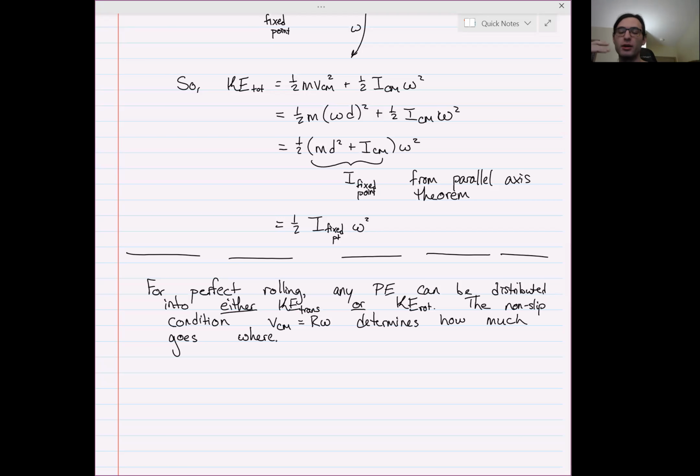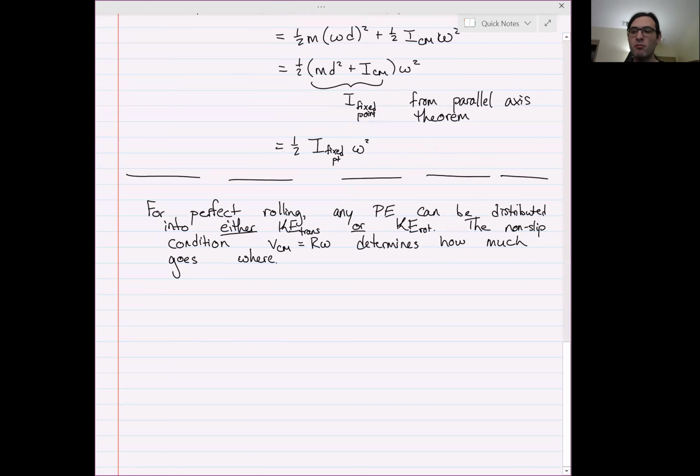So the fact that the translational speed of our rolling object is related to the angular speed tells us the final relationship between angular speed and translational speed, and how those speeds, in the form of their associated energies, are distributed from the potential energy that the object may have initially had. Put into words, the bigger the center of mass moment of inertia is, the larger the fraction of kinetic energy it gets.